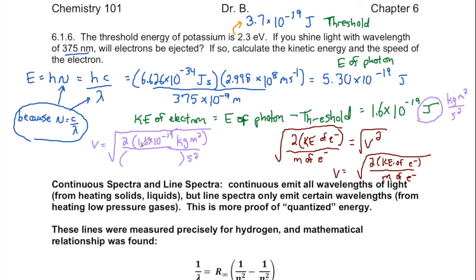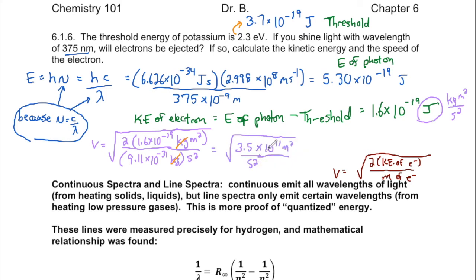And here we're going to have the mass of the electron, which we saw on the previous page. It's 9.11 times 10 to the minus 31 kilograms. The kilograms are going to cancel. This becomes 3.5 times 10 to the 11 meters squared per second squared. And when we take the square root of that, it becomes 5.9 times 10 to the 5th meters per second.